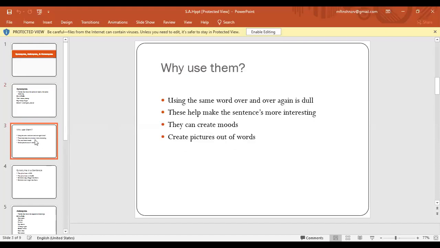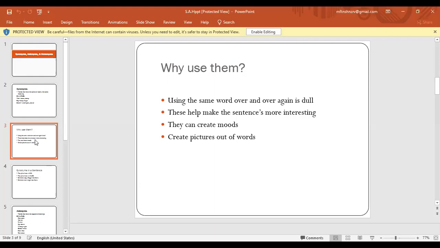So next one is how can we use synonyms? For example, firstly, using the same word over and over again is dull. That's why we can use synonyms to sound beautiful while we are speaking.